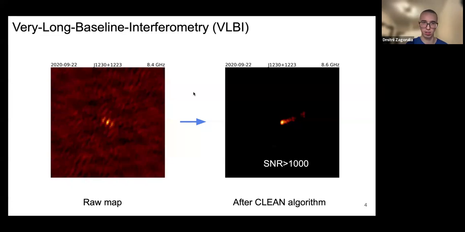But obviously, this problem is ill-posed because we only measure a couple of points, a couple of visibility functions, and the inverse transform will get us a lot of synthetic artifacts that are not in the real image.